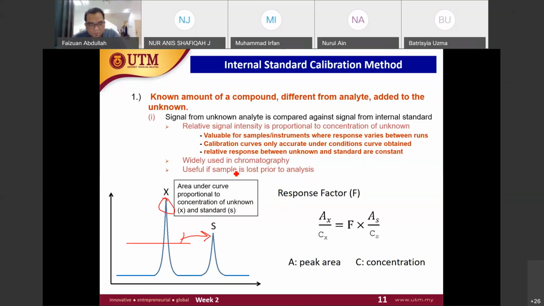This method is very useful if sample is lost prior to analysis.